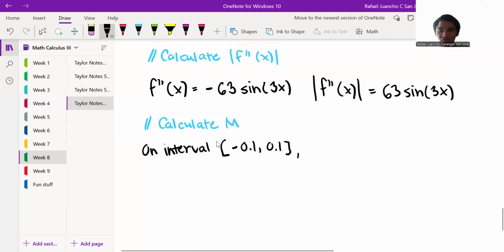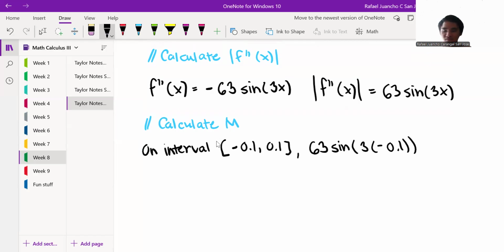So we have 63 sine 3 times this. Does that give me a number? Sine of 3. Oh, okay. So we got around negative 18.62.